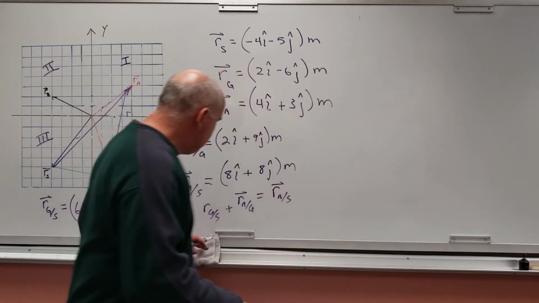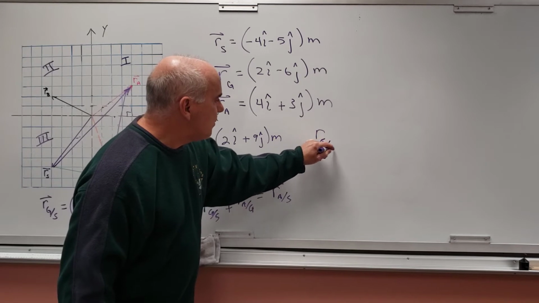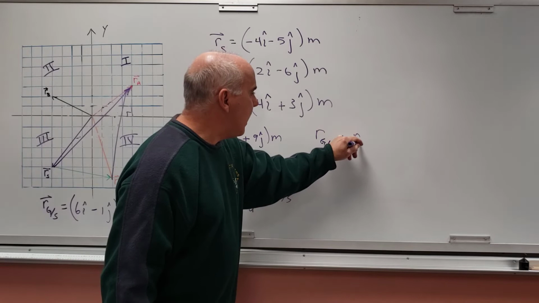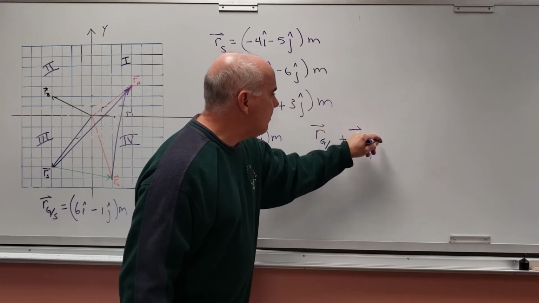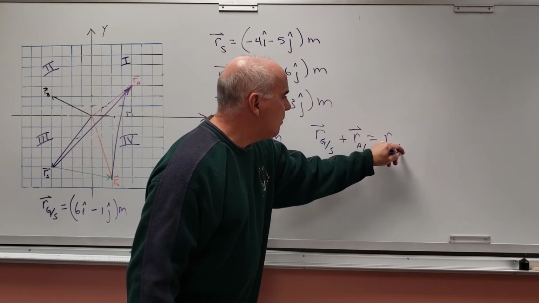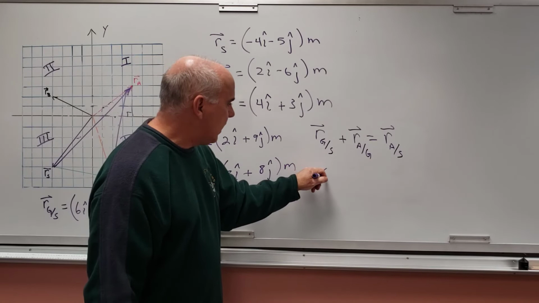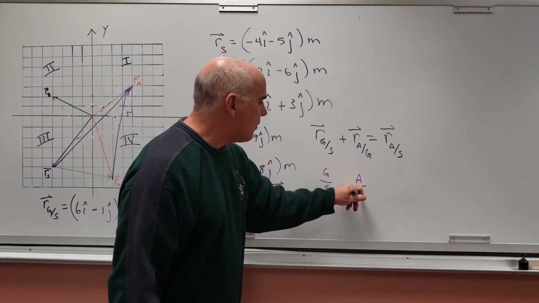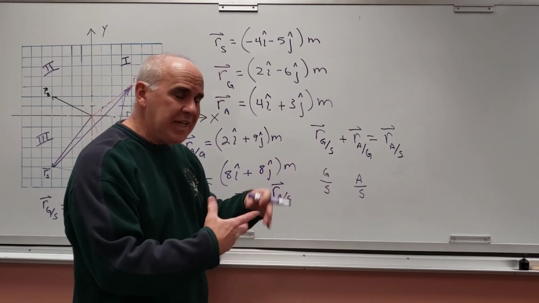Well, what can I do? I can write the position of Grayson with respect to Shelby plus the position of Adam with respect to Grayson, and that gives me the position of Adam with respect to Shelby. And what I like to do is look at the subscripts. I get a G over an S and an A over a G on the left side of the equal sign, and I think of multiplication, even though I'm adding.